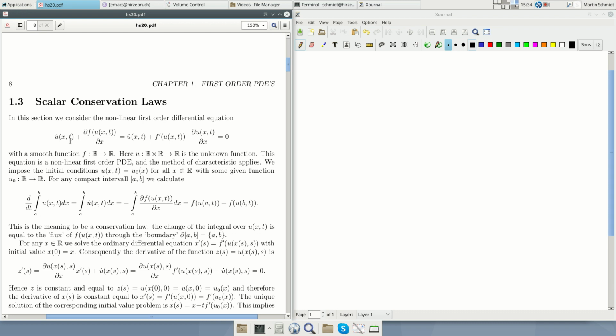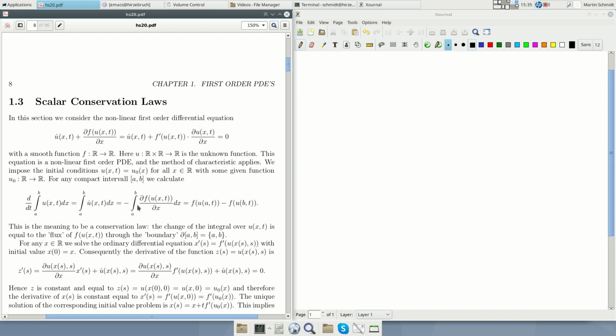Then we use the differential equation. Then we get this equation. This plus this is 0, so this term is the same as the negative of this. So we have this equation. And now we use the fundamental theorem of calculus.